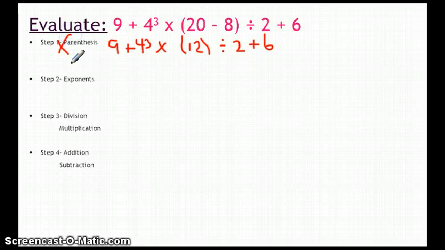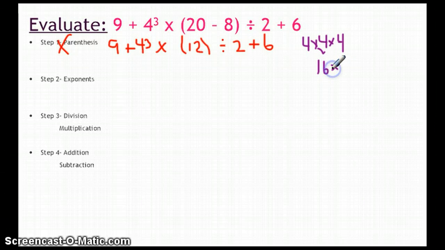Okay, do we have any more parentheses? No. So now we can move on to exponents. Let's see if we have any exponents. 9 plus, right here, 4 to the third times 12 divided by 2 plus 6. Okay, so the only one that we're dealing with is right here. 4 to the third. 4 to the third is 4 times 4 times 4. 4 times 4 is 16.